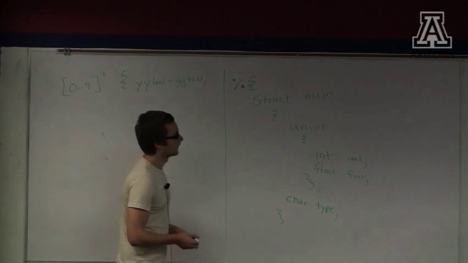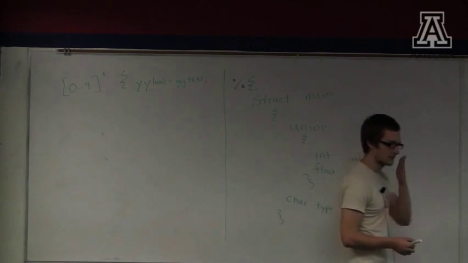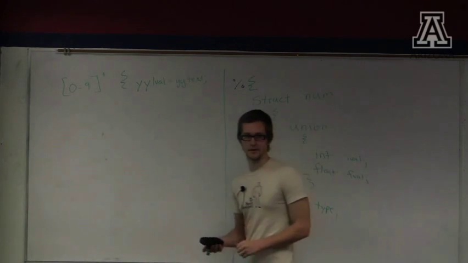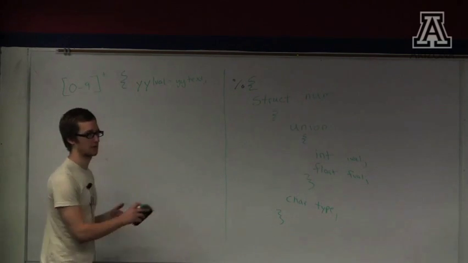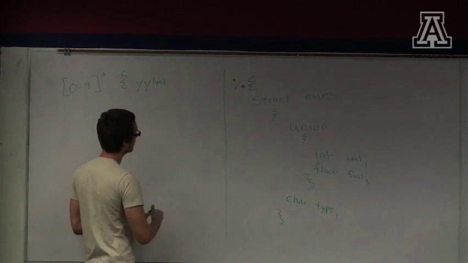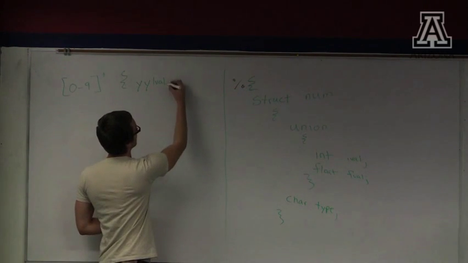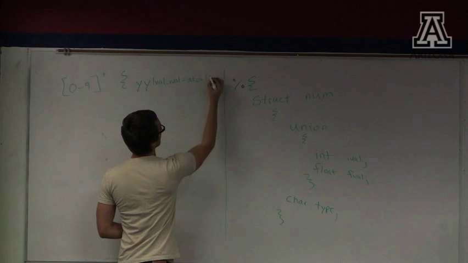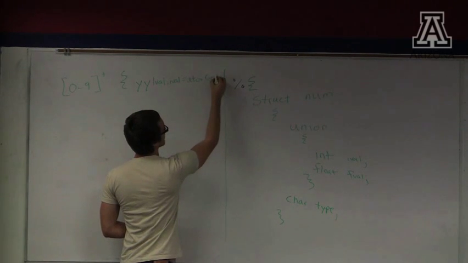Also we're going to need to use the ATOI and ATOF. We're going to need to convert between a character string and an integer. So let's say YYLVal dot ival equals ATOI YY text, in very small writing.